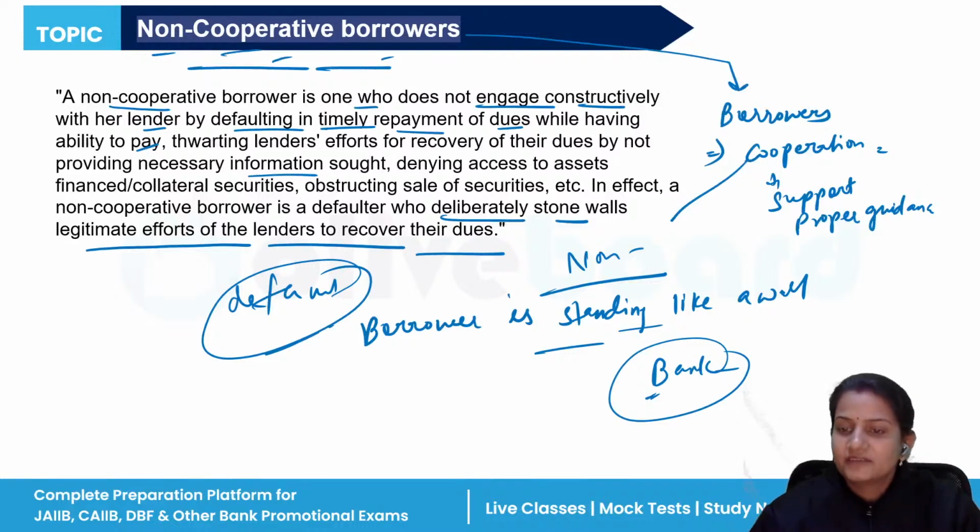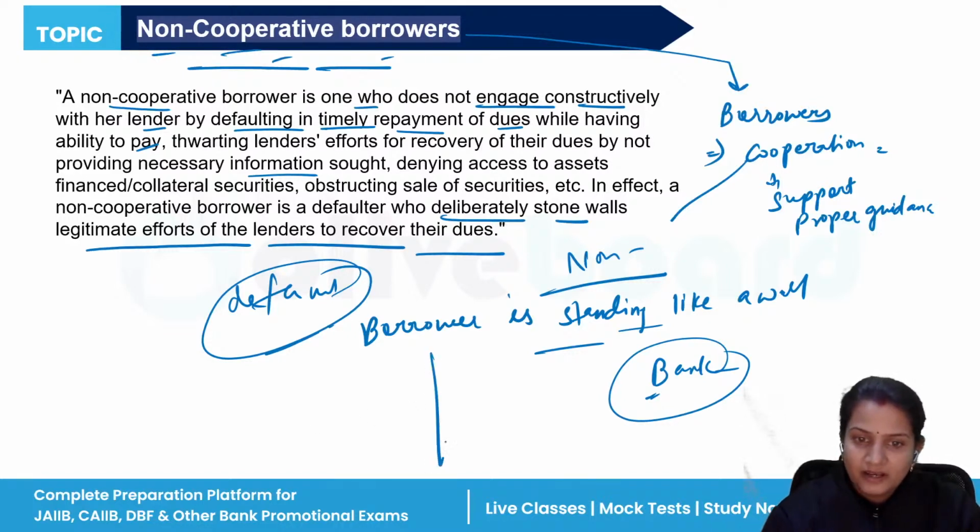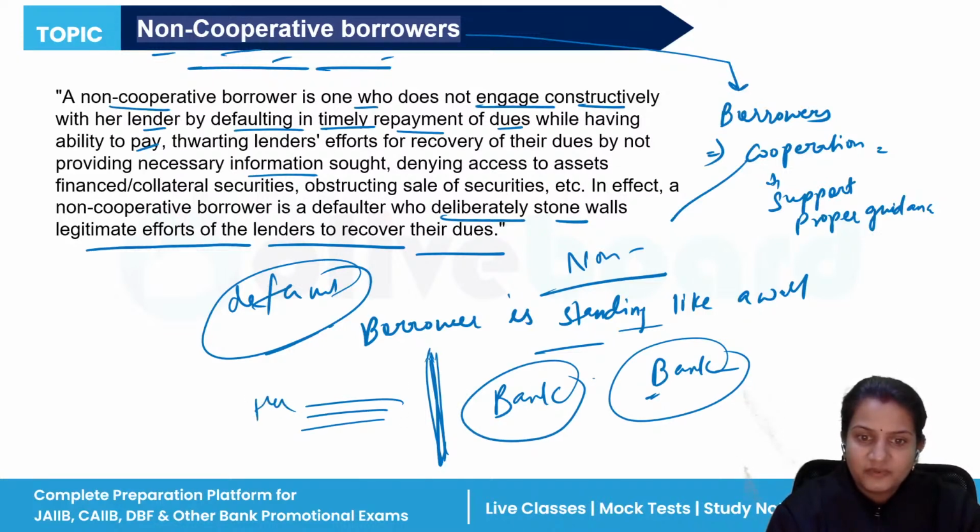So the first thing is they are not repaying their dues on time, and they are not supporting the bank as well. The bank wants to take help from this person, but this person has created a wall so that the bank cannot take help. They have become a non-cooperative borrower.